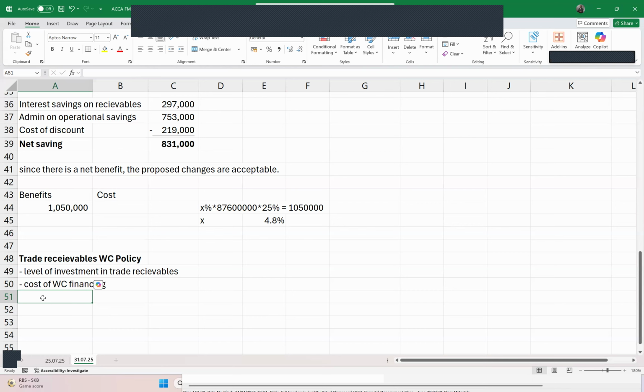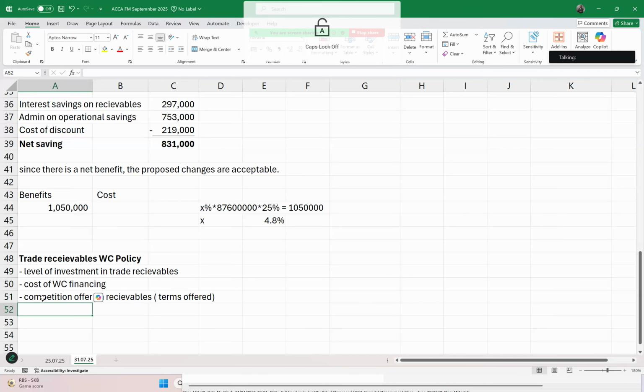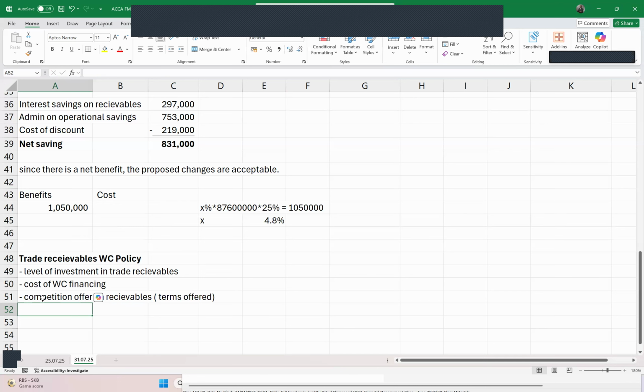Then there's one thing you need to know, which is that competition matters. Competition offer on receivables. Here we're looking at the terms offered. If your competitors are giving 30 days payment terms, you can't give 20, because then your customers will go to your competition.